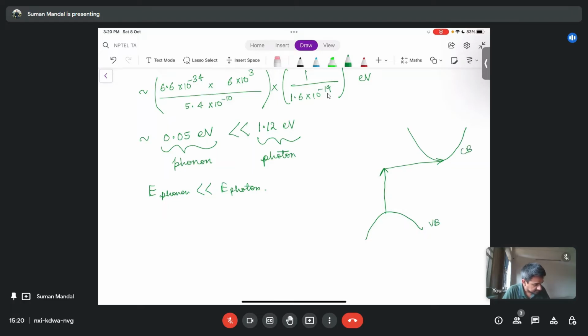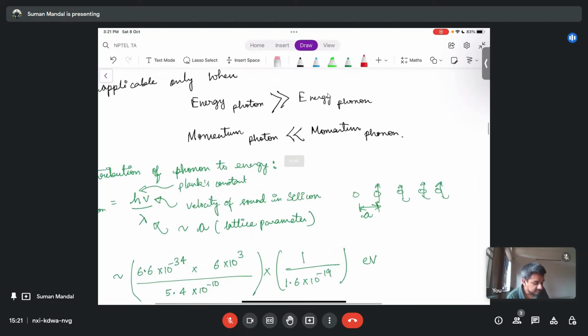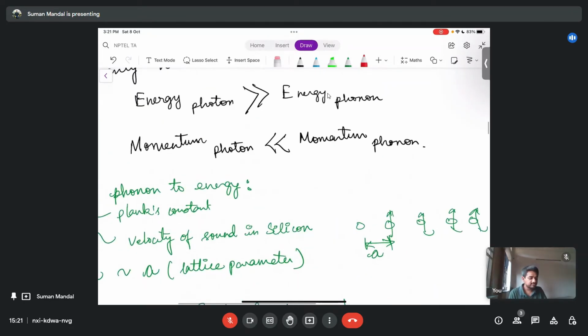This is the conduction band. This is E. This is K. Now we will show that indeed the change in momentum is very close to the y-axis. So the energy of the electron is not like this due to photon. That is what we'll show now, and this is the correct one. For that, the momentum of the photon should be much smaller than the momentum of the phonon.